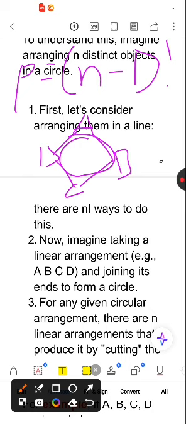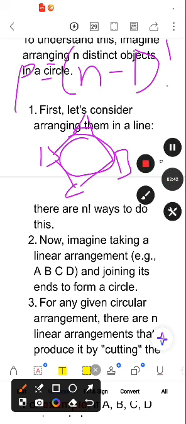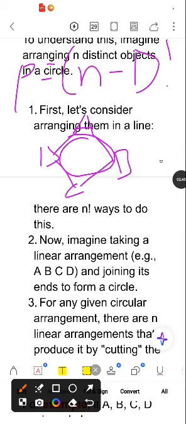How do we do that? We can cut the circle at this side, and we get A, B, C, and then D. That will be the first linear arrangement.